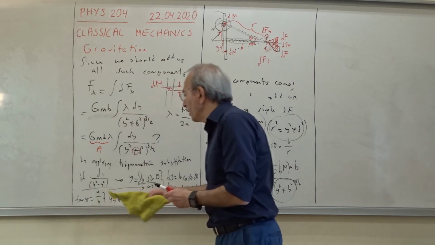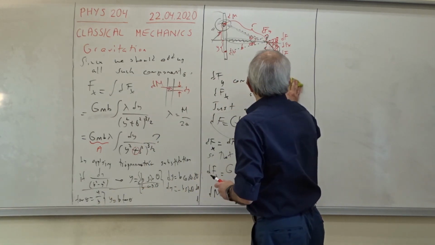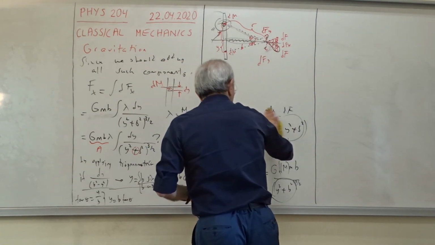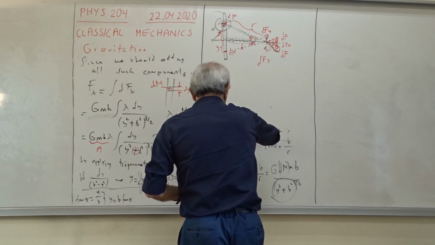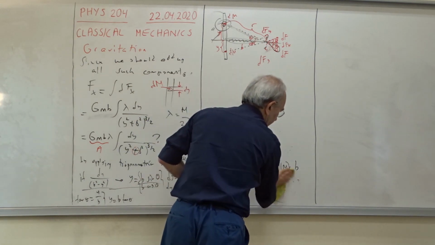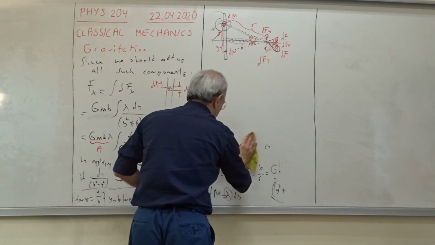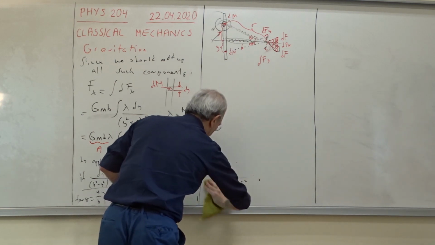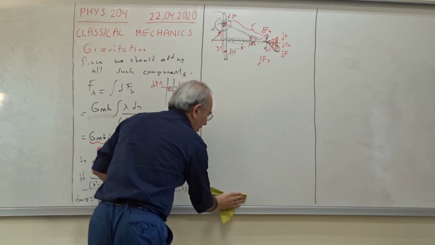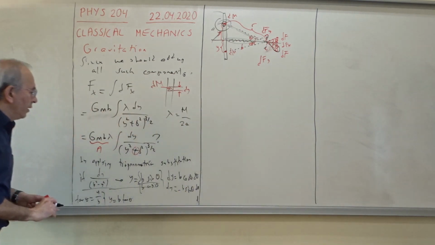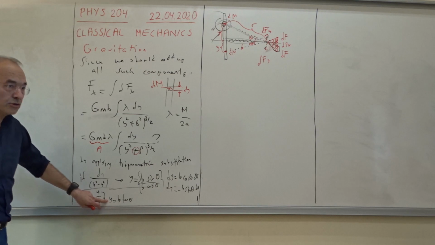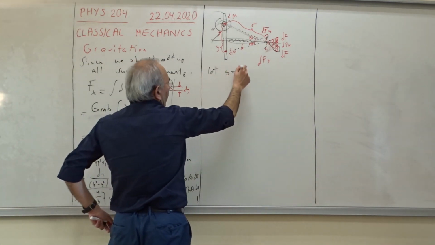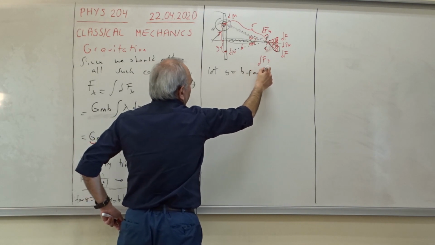So this has to be our choice. Next, once we have chosen this substitution, what happens to dy? Let y be b tangent theta.